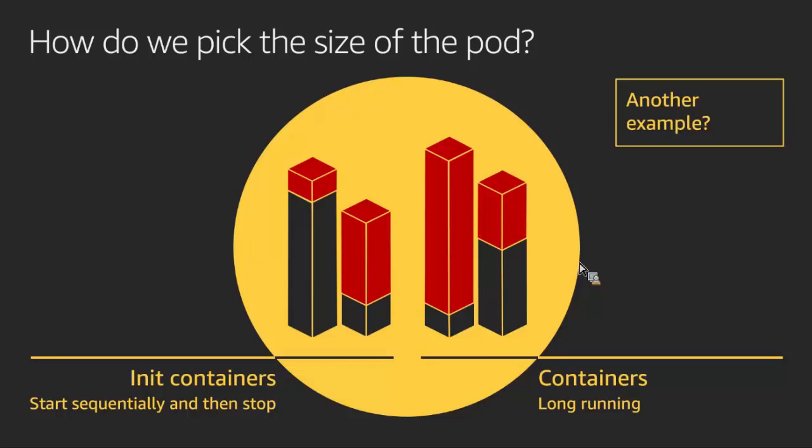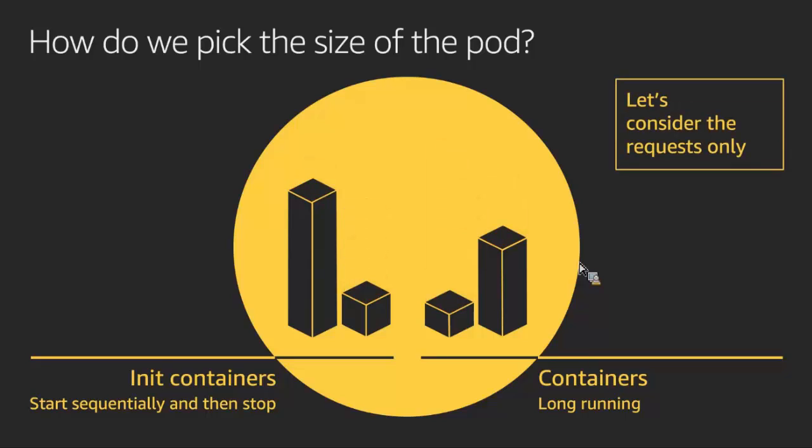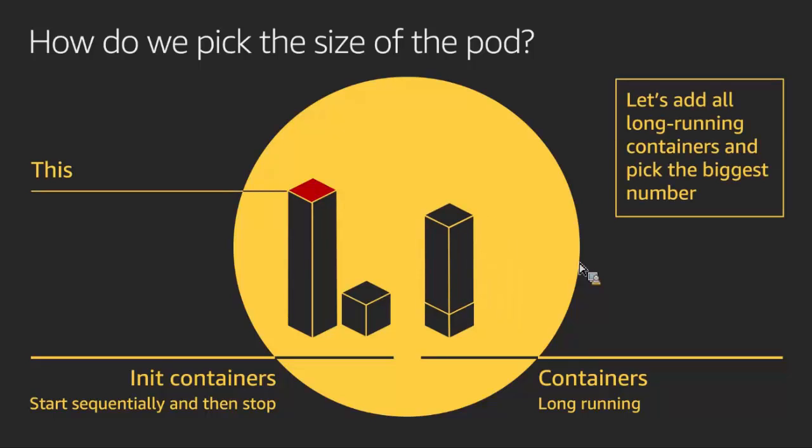Let's make another example. Imagine that you have this setup. You still have a couple of init containers. You still have a couple of long-running containers, and these are the requests. So again, we sum the long-running containers, and we take the biggest number across all these three pillars that you see on this slide. So this may be unusual, maybe not very realistic, but this is how our logic works.